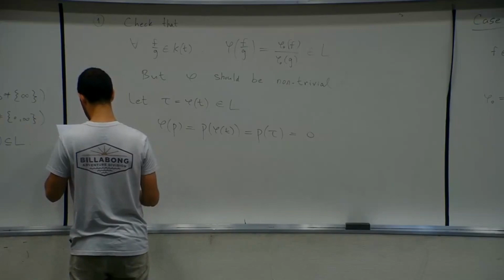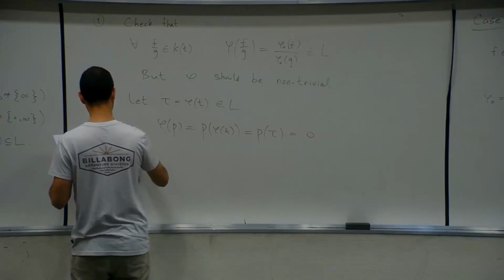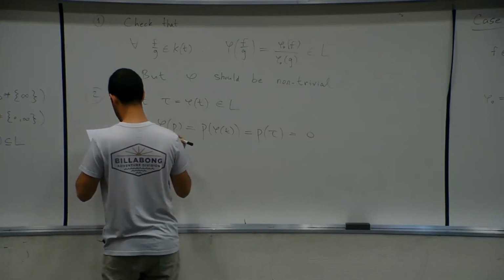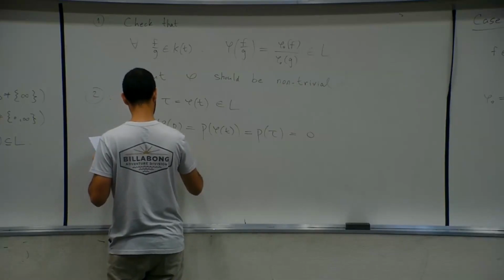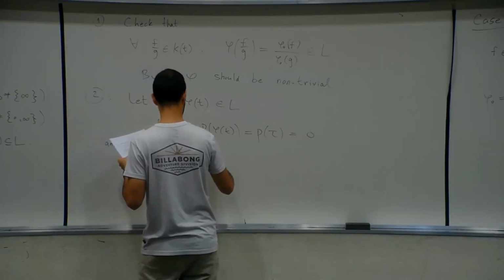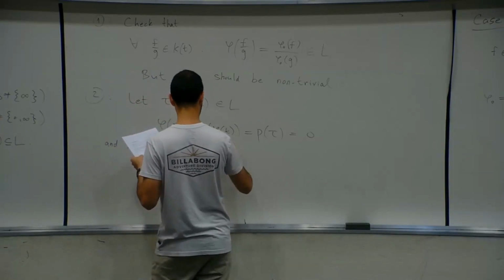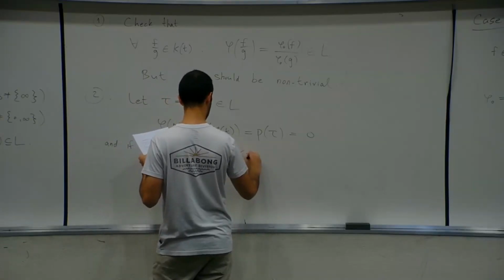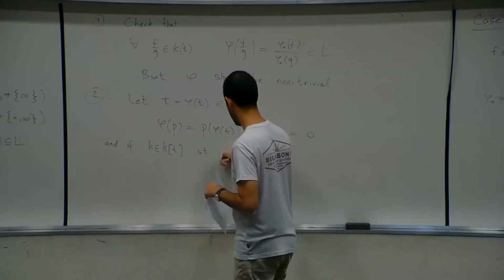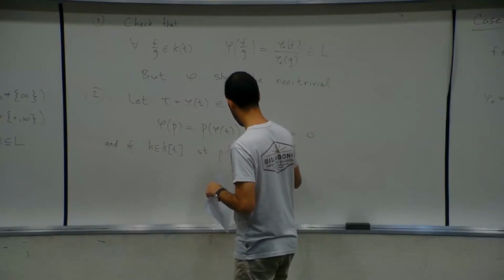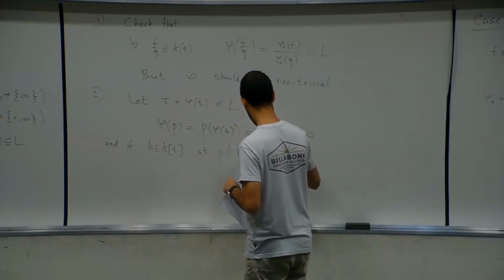And if we take a polynomial h such that h is not in the ideal, or saying P does not divide h in K[T].